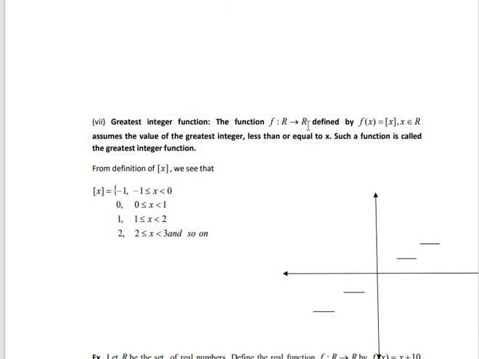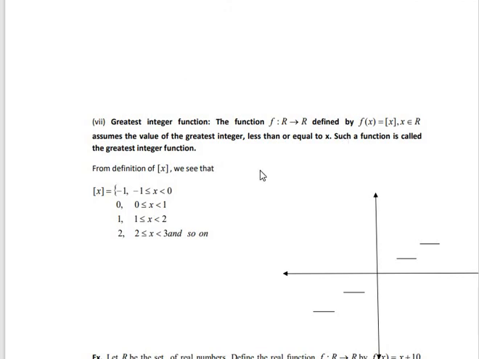The function f from R to R, that means from the set of real numbers to the set of real numbers, defined by f of x is equal to box of x, where x is a real number, assumes the value of the greatest integer less than or equal to x. You have to remember the formal definition.